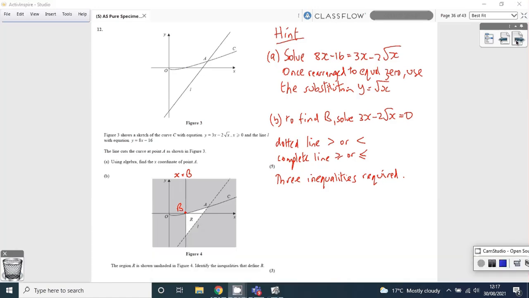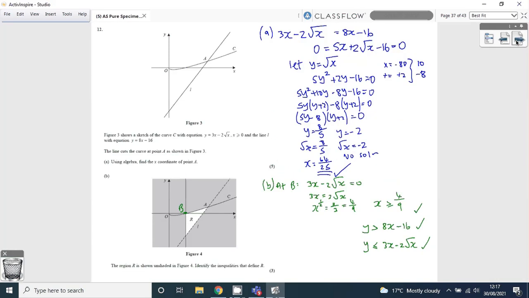So the solutions for question 12. For part A, we've got to find point A where the curve intercepts the line. So solve 3x minus 2 root x, being the curve, equals 8x minus 16, being the line. Rearranging this to equal 0, we get 5x plus 2 root x minus 16 equals 0.